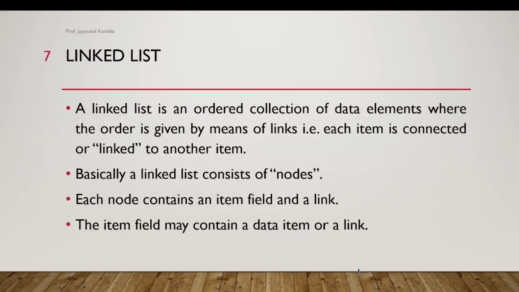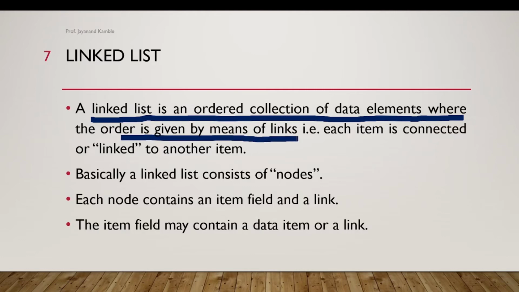So now we are going to start the discussion on linked list. Initially we will begin with the basic concepts of linked list, and then I will explain how linked lists are actually created. So what is a linked list? A linked list is an ordered collection of data elements where the order is given by means of links.